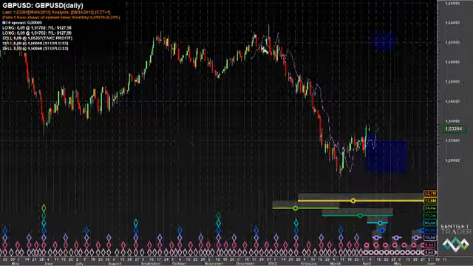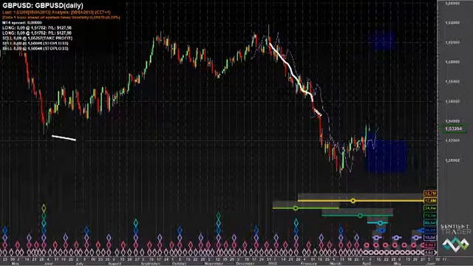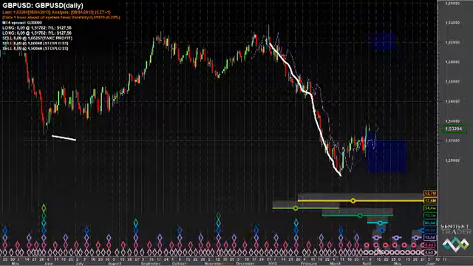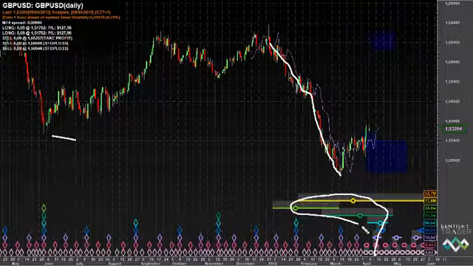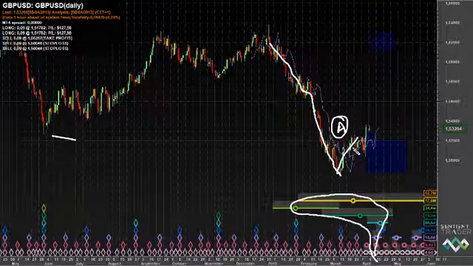Well, we have been anticipating price moving down into this 18-month cycle trough, as you can see. And we entered into a long A category trade on the basis that that trough was forming or had formed in price.